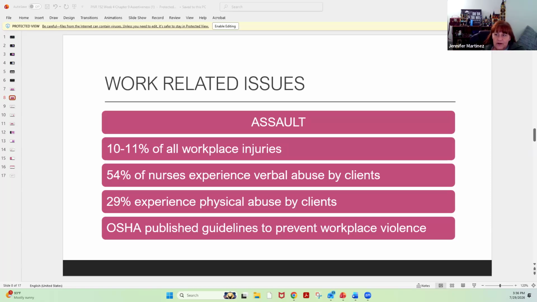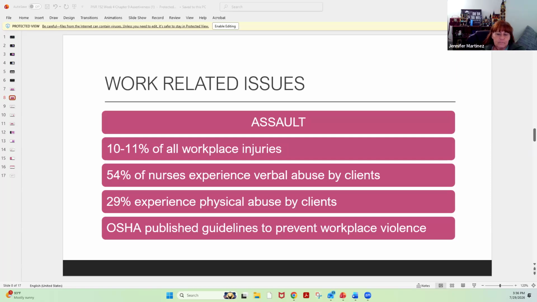Nurses are frequently targets of violence, hostility, sexual harassment, and discrimination. All right. So it accounts for 10 to 11% of all workplace injuries. 54% of nurses experience verbal abuse by clients. 29% experience physical abuse by clients. It's a huge number.